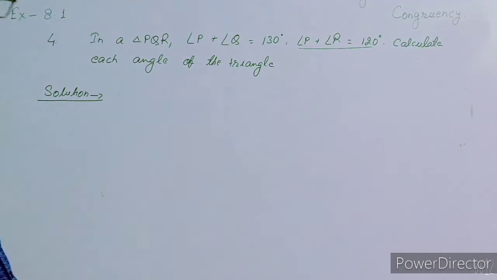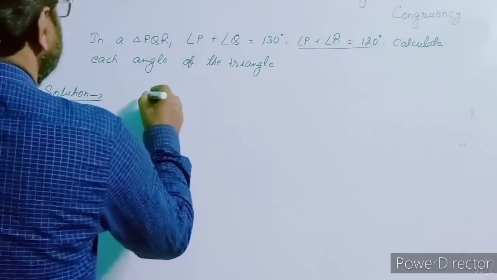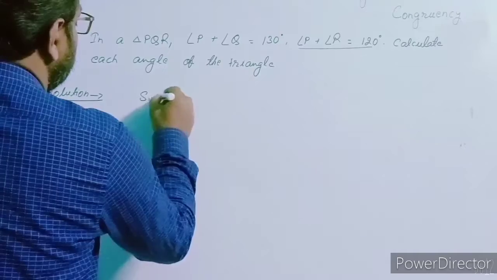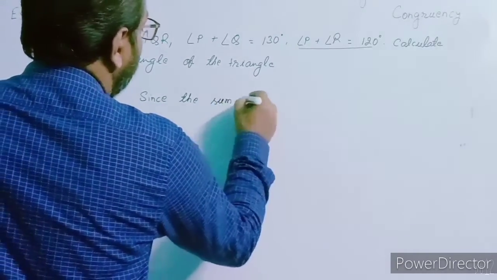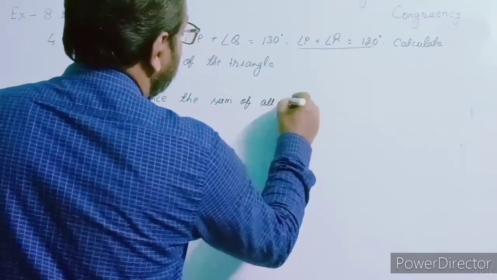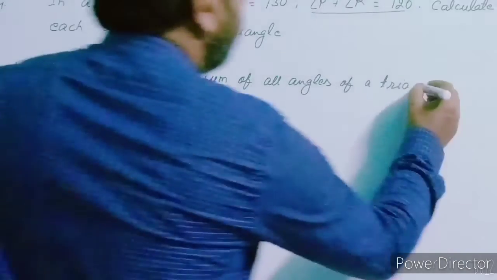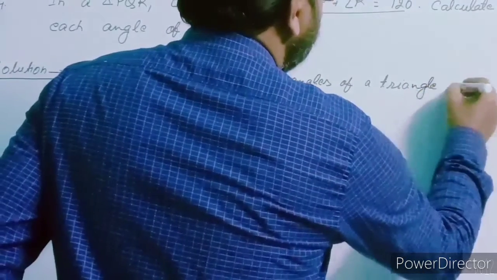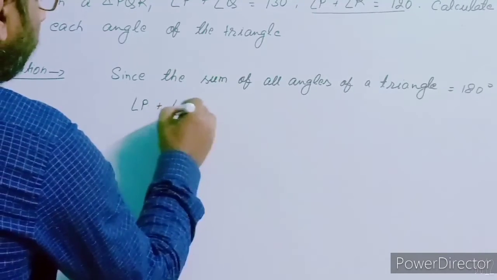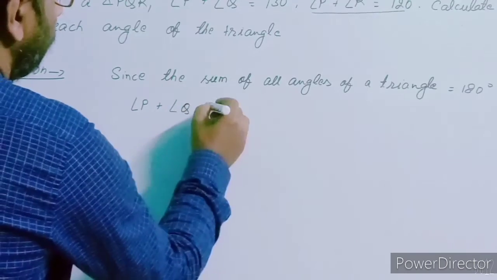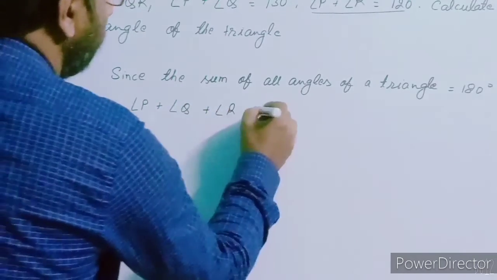Means we are asked to find out the value of angle P, angle Q and angle R. Since the sum of all angles of a triangle is equal to 180 degree, angle P plus angle Q plus angle R equal to 180 degree.